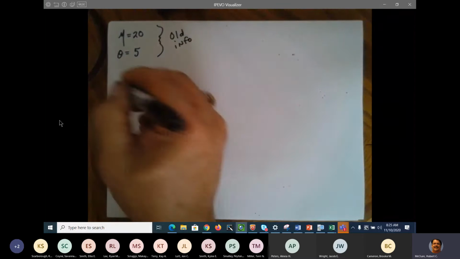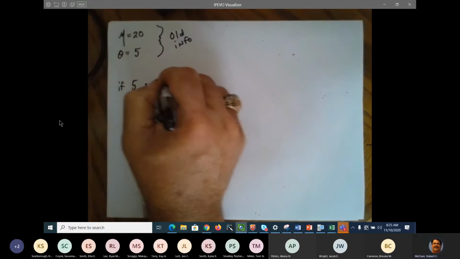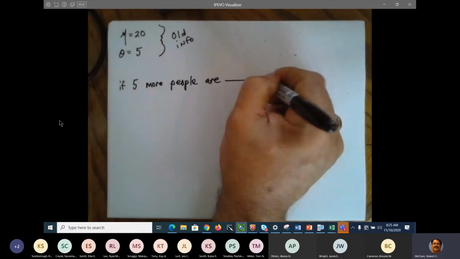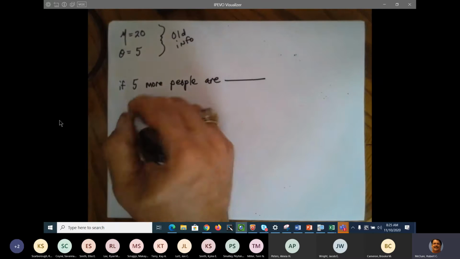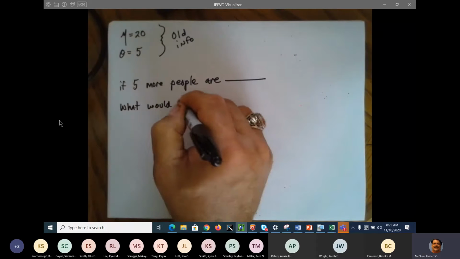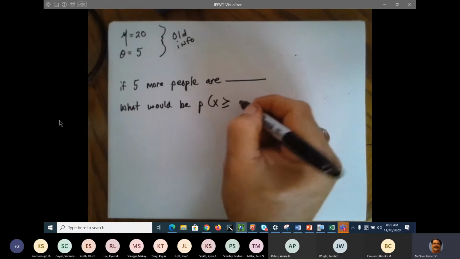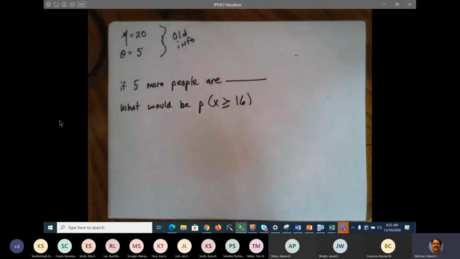So if 5 more people are surveyed, researched, or whatever the question is, what would be the probability of one of those people being greater than or equal to 16? And that could be an age, it could be a test score, it could be whatever.